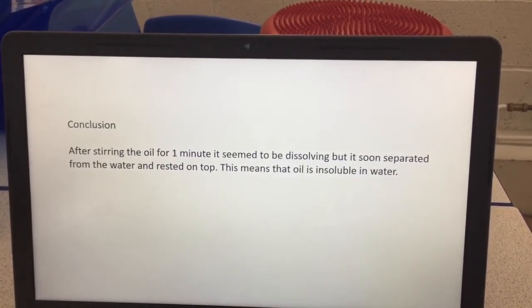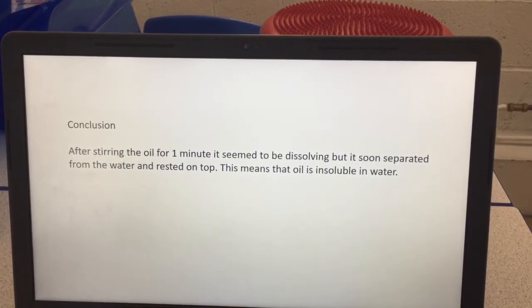Now, your conclusion is different from the results. The results are just what happened. So don't mix up your conclusion with your results. That's why your results are better off in a data form, just in a table. Your conclusion is explaining those results in your own words. So I've started off by saying, for my observation, after stirring the oil for 1 minute, it seemed to be dissolving in the water, but it soon separated from the water and rested on top.